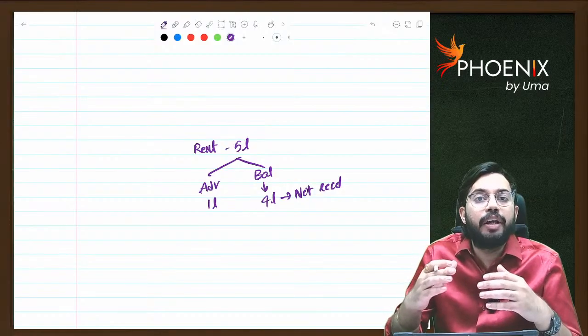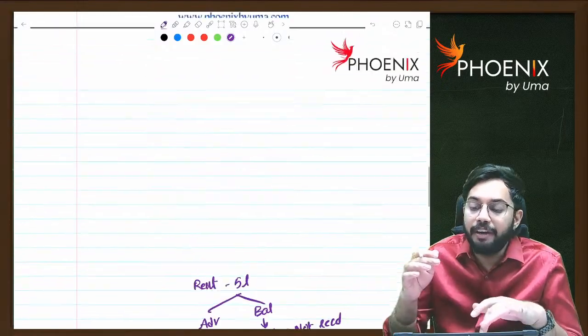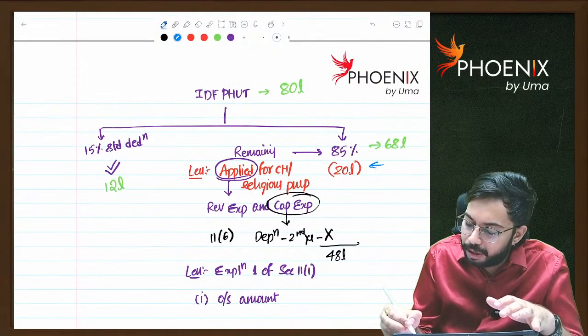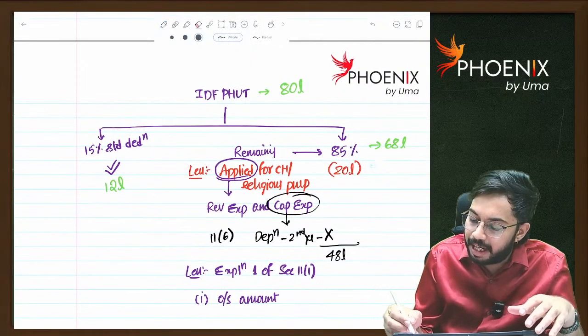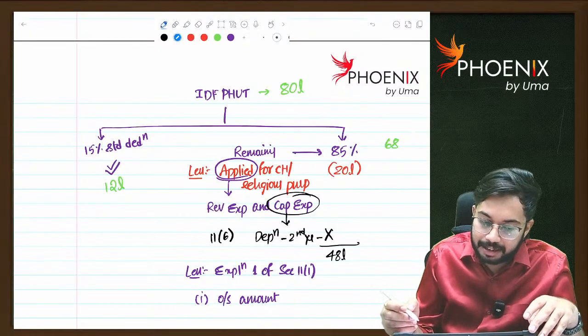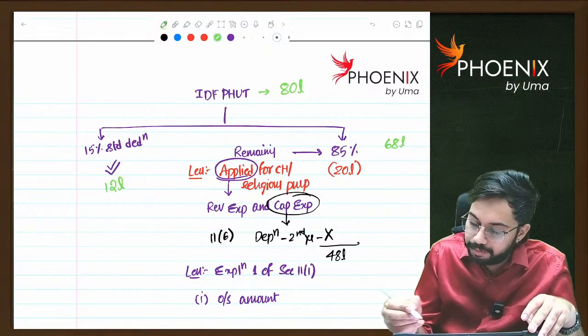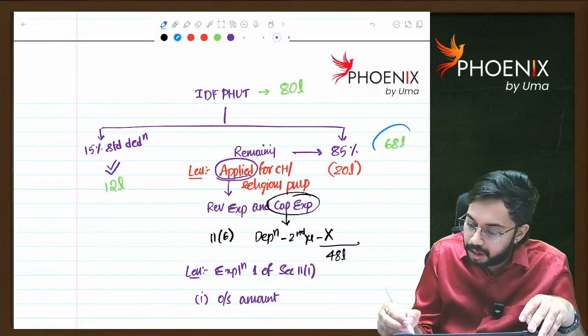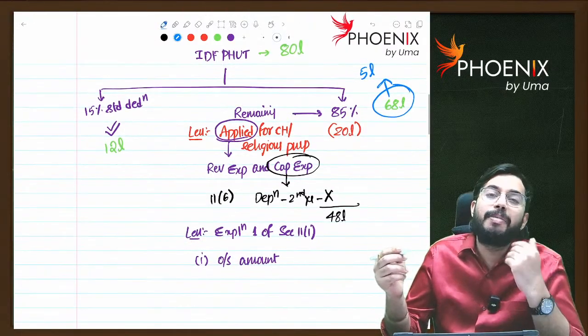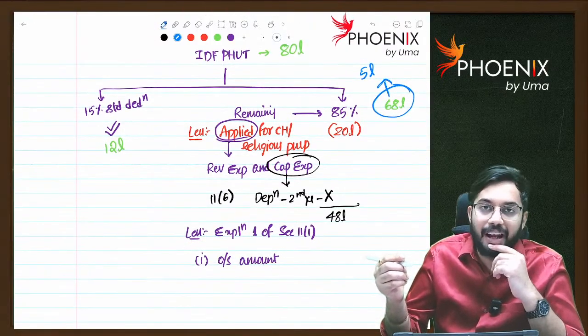The trust is following the accrual basis of accounting. If the trust follows the accrual basis of accounting, then 5 lakhs will be included in the 68 lakhs, right? But how much did I receive? I received only 1 lakh rupees.